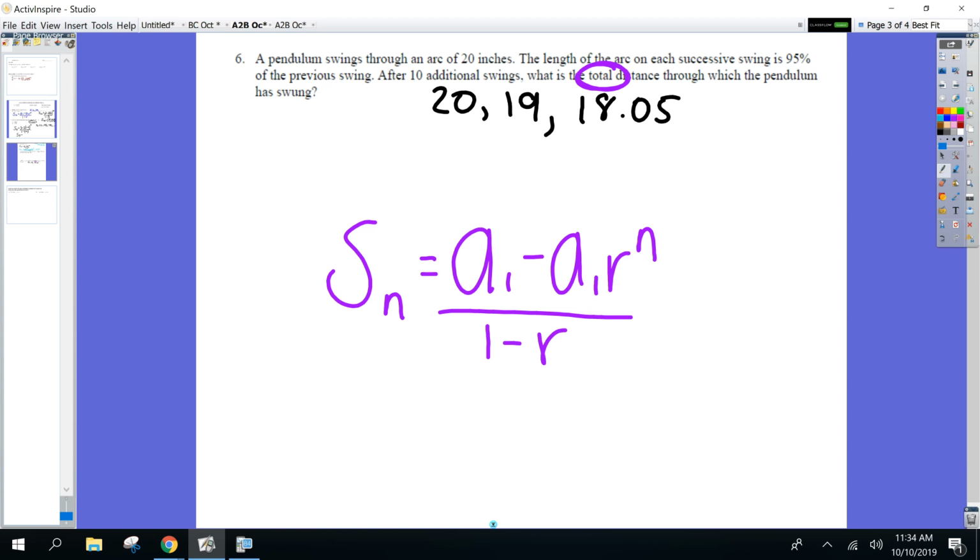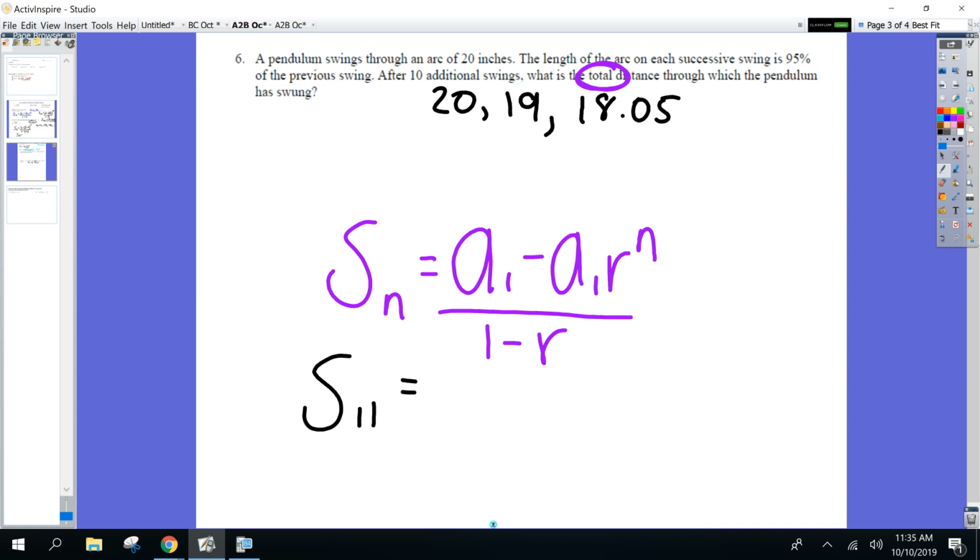And somebody's going to fall in the trap if you haven't done so already. How many swings are we adding up here? 11. Why 11? Because it's 20 right now after 10 additional swings. So you are adding up 20 plus those 10 additional ones, yes, 11.